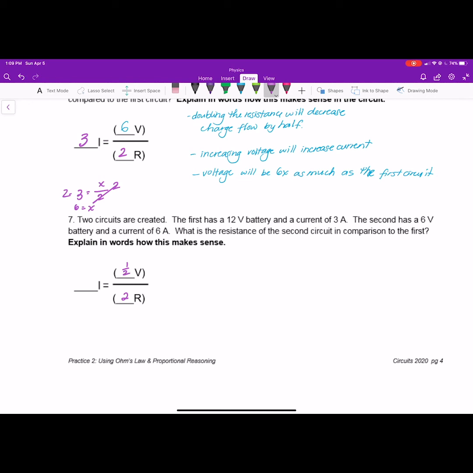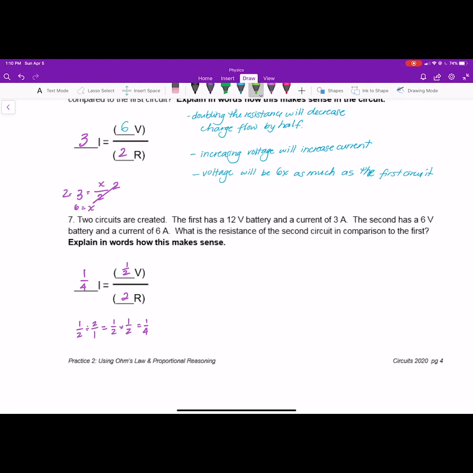What is the resistance of the second circuit? If we do some math, we have 1/2 divided by 2 over 1. So 1/2 is from the volts and 2 is the resistance. We have 1/2 times 1/2, which is going to be 1/4. So the current is actually going to be 1/4.